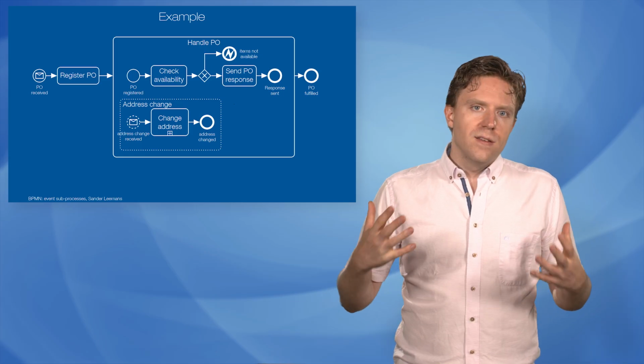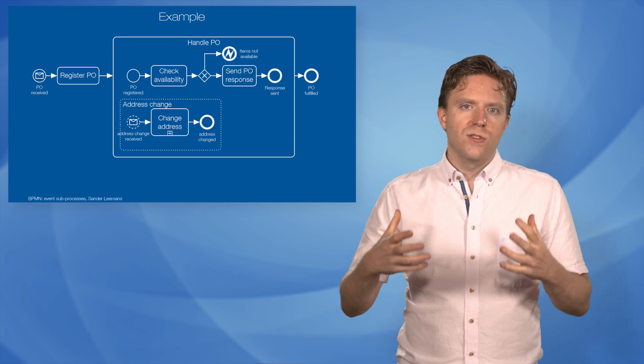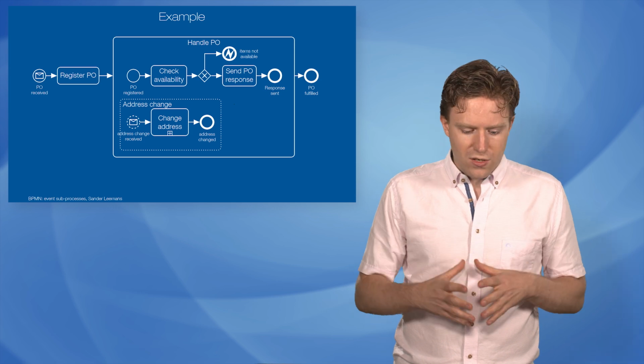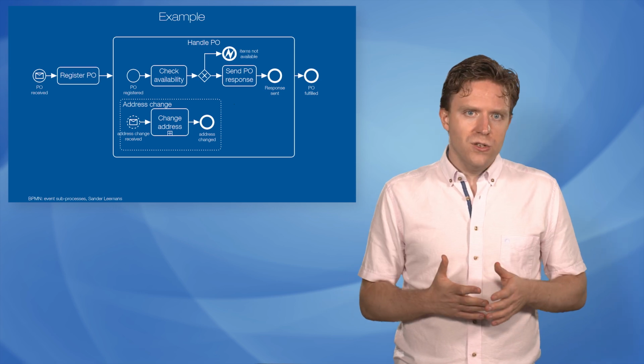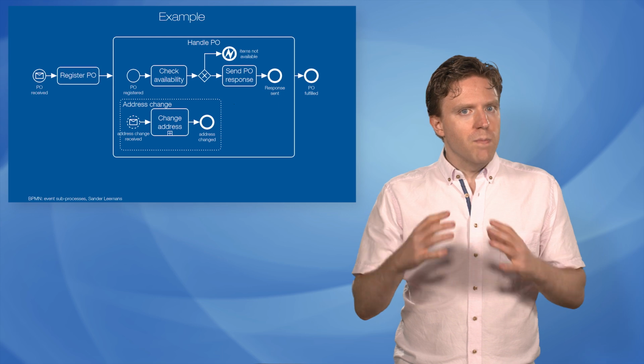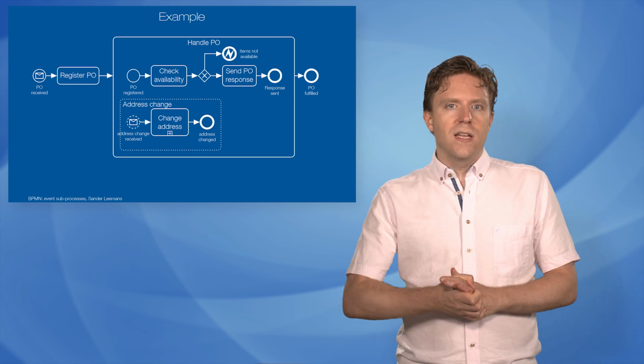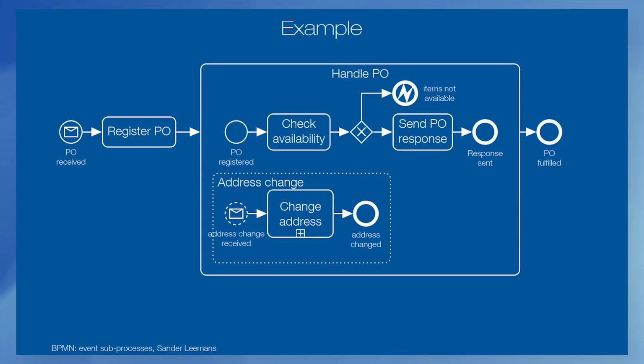So we add in this non-interrupting event subprocess based on a message. Whenever the customer sends us an address change message, then completely in parallel to the main flow we will execute this event subprocess and simply change the address. That's what we execute then.